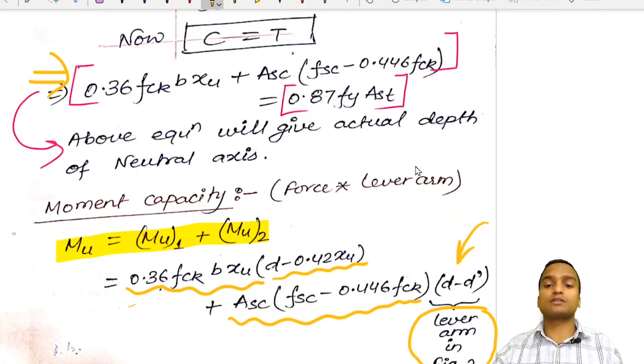Because in figure 2 there is no concrete at all, so there is only the distance between the steel in the tensile zone and the steel in the compressive zone. So the distance between both the steel is d minus d dash. So we have multiplied the lever arms corresponding to the compressive forces.